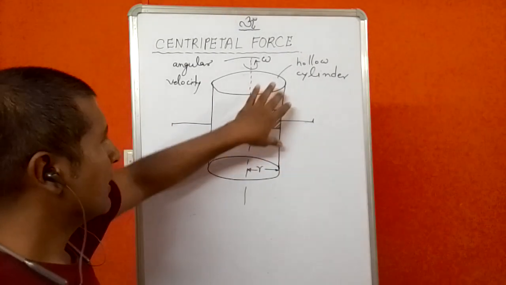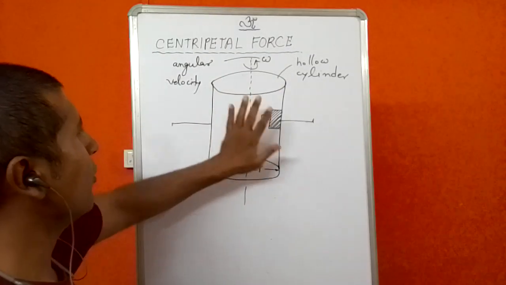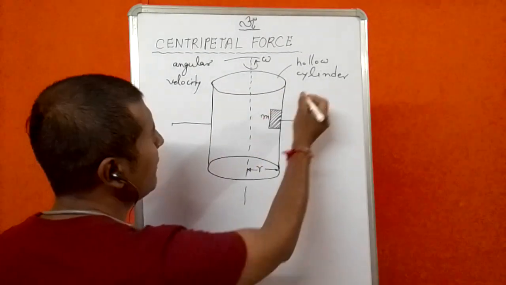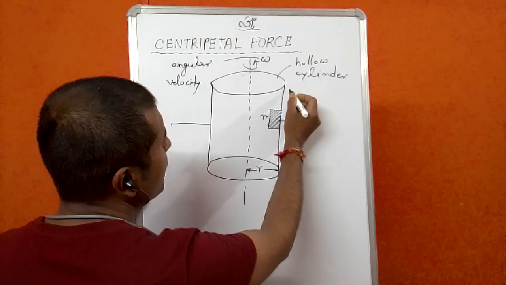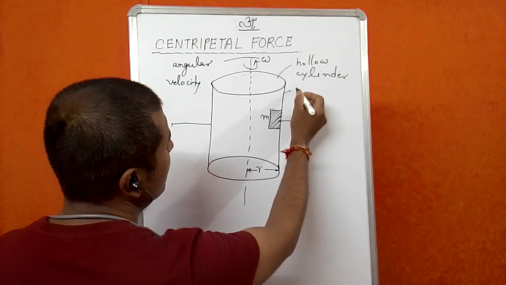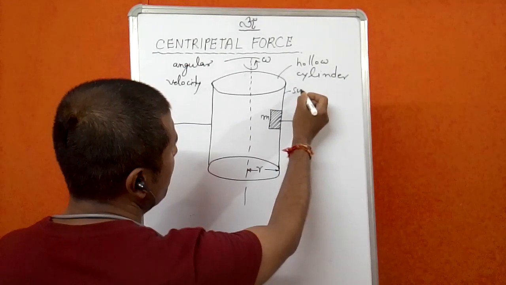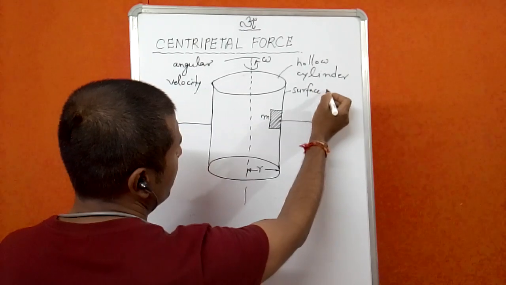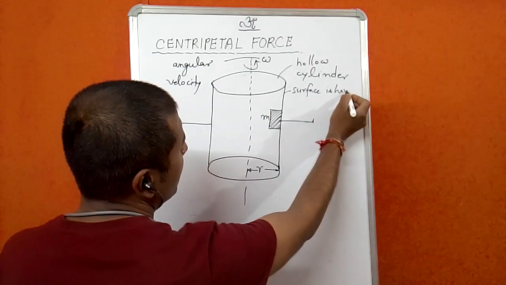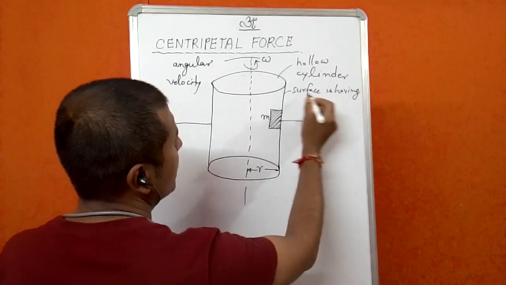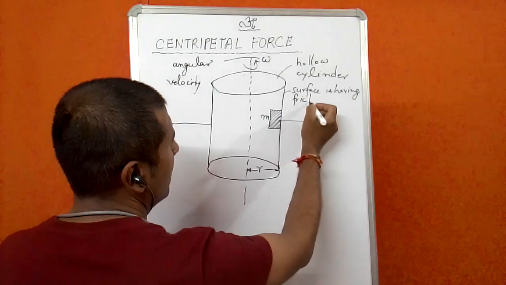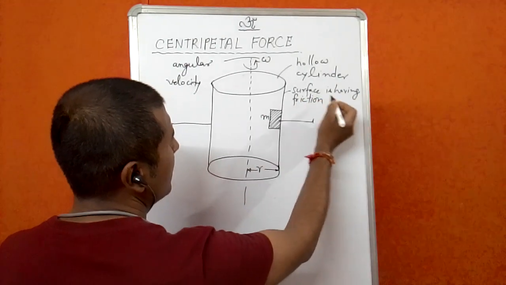Now, this surface of a hollow cylinder is having friction, right?